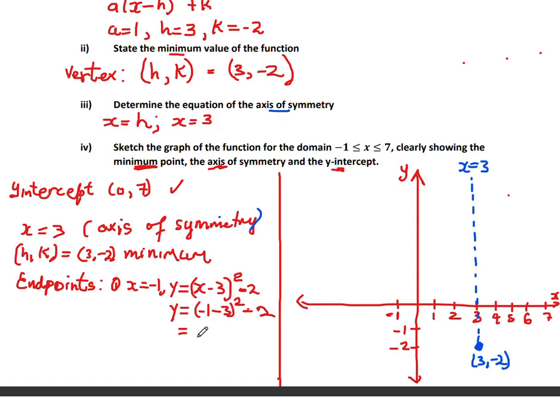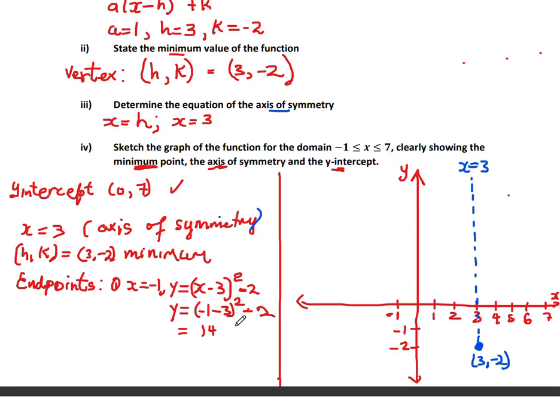When we square -4, we get positive 16, because when we square a negative number, we get a positive number. And 16 minus 2 is 14.